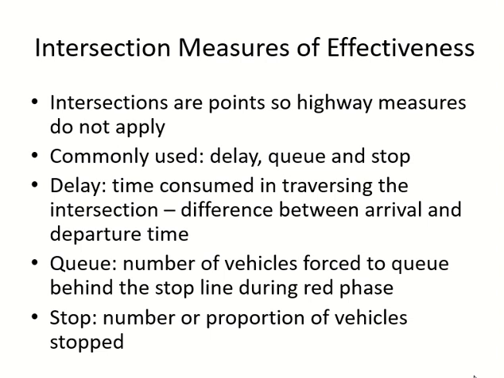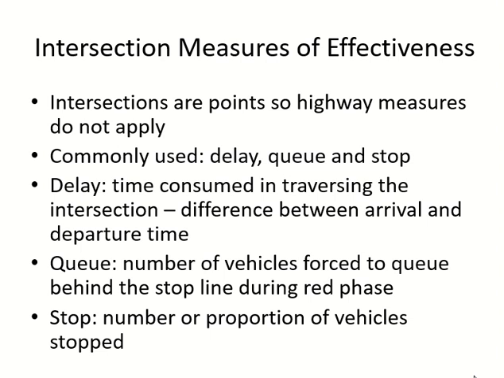So we cannot use the same parameters for measuring the performance of the intersection, because all these parameters are forced by us. So we come up with other parameters which can change at the intersection, such as delay, queue, and stops. All these things happen at the intersection randomly.